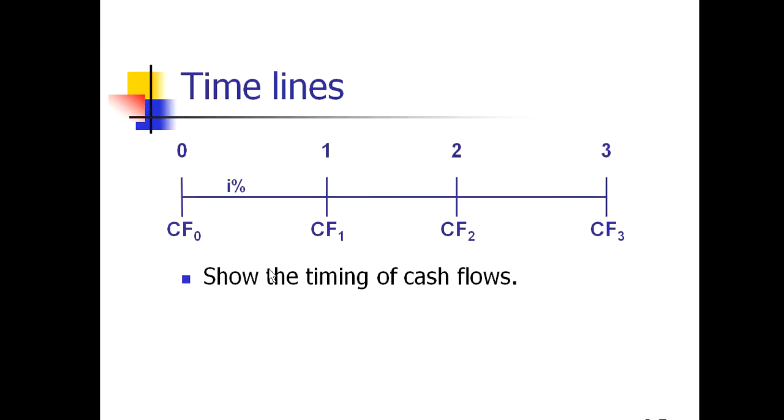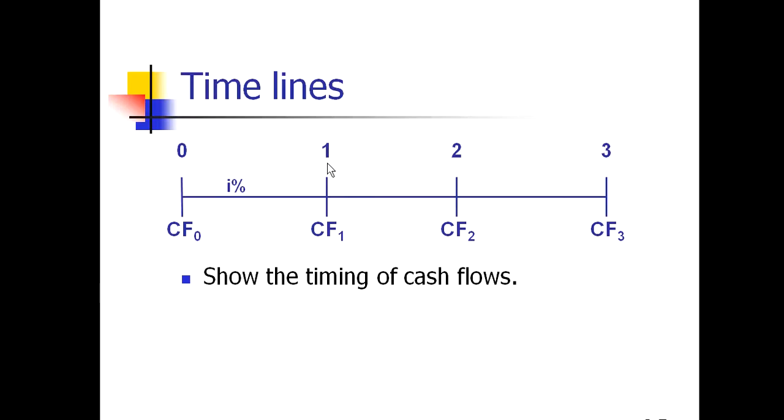And here we can see the timeline, which is an important technique to elaborate time value of money. Here you can see the zero, which is today, cash flow at the time zero. Actually it's an outflow because we're paying out, and the I is the rate of interest.